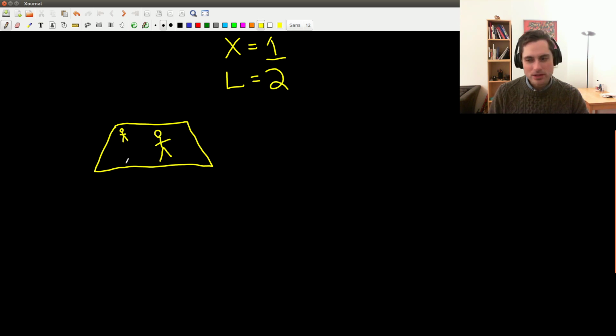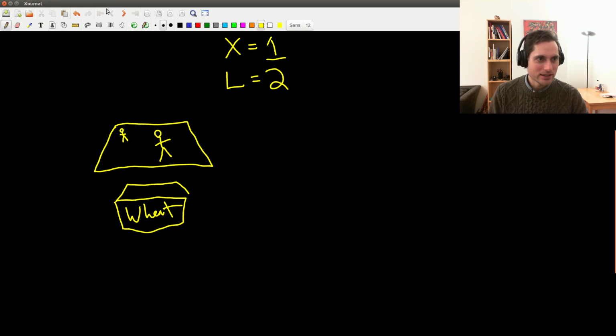All right, so suppose that if we have 2 workers on one field, then we can get 1 box of wheat. Now suppose that rather than 1 field and 2 workers, we instead have 2 fields and 4 workers.